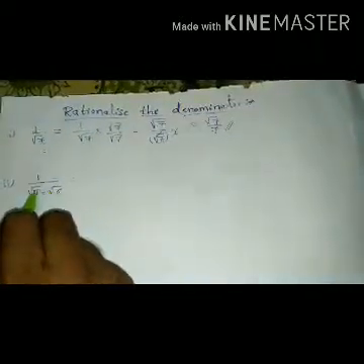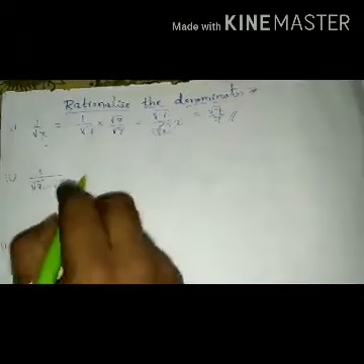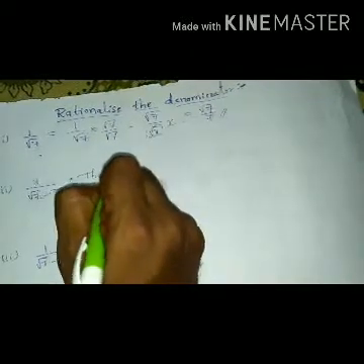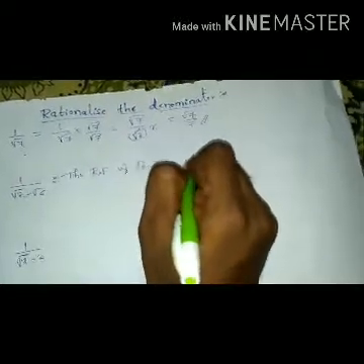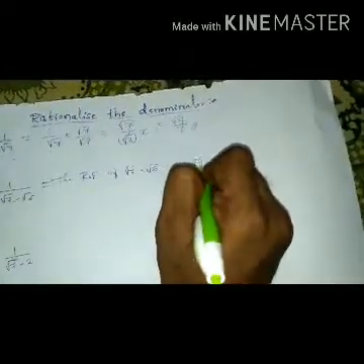In the same way, in the second example, in the denominator we have a binomial. So its rationalizing factor: the rationalizing factor of root 7 minus root 6 is root 7 plus root 6.